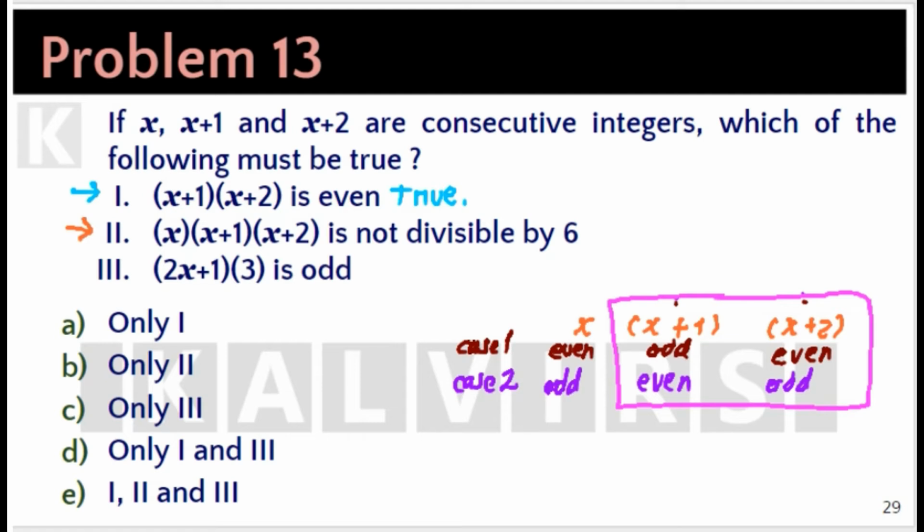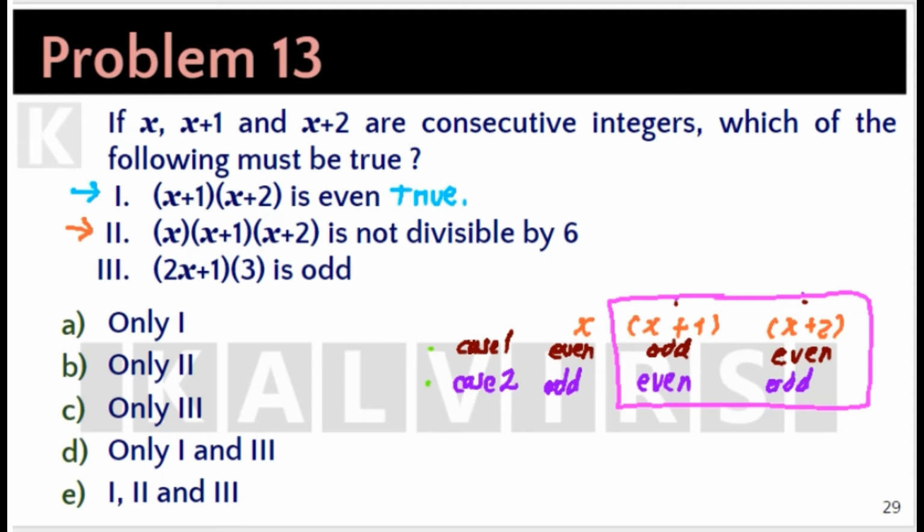According to statement 2, x times x plus 1 times x plus 2 is not divisible by 6. So, we know that it can be either this case or this case. As you can see, the product of these three numbers must be even because at least one of them is even.